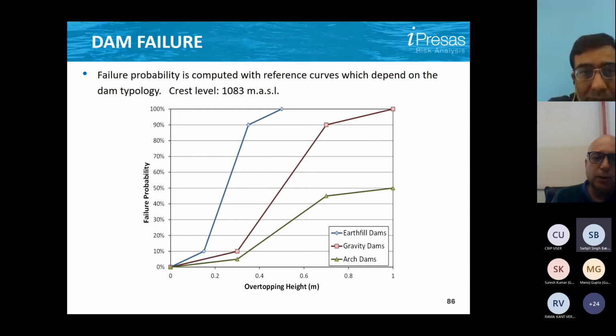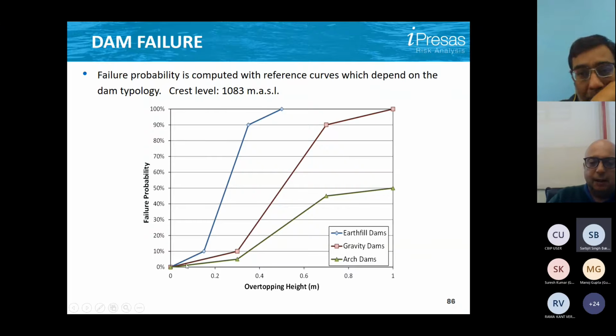As the failure mode is overtopping, we need to know when the overtopping starts. So it starts at the crest level. And remember, we have said the crest level is at 1,083 meters above sea level, and it is a gravity dam.